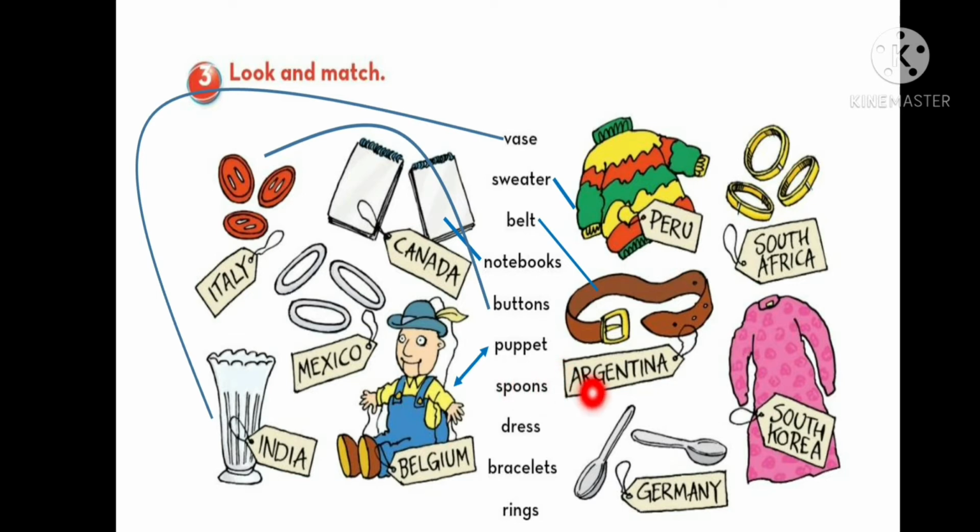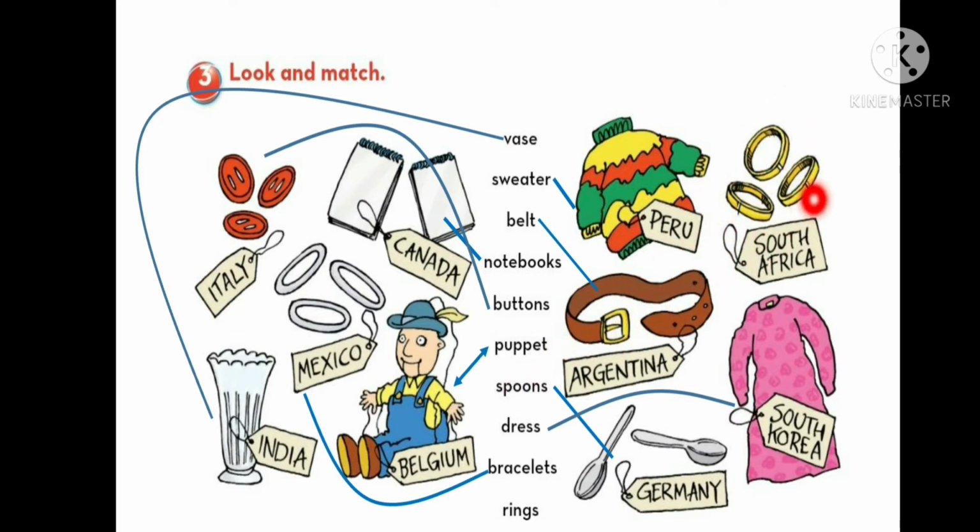Spoons, spoons. Here, excellent. Dress. As you see, here is a dress. Bracelets, bracelets. Look here. Here is the bracelets. And rings. Here are the rings in this picture.